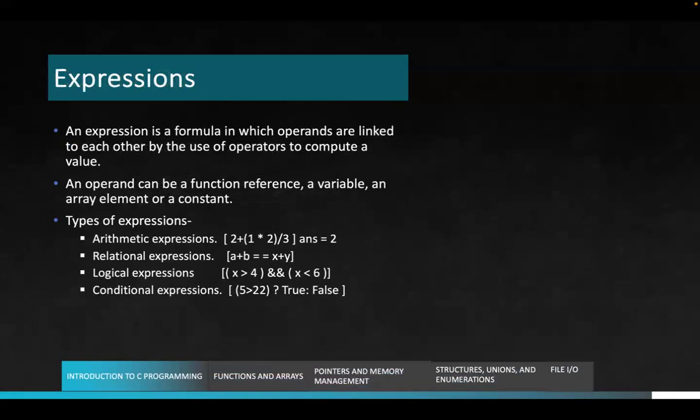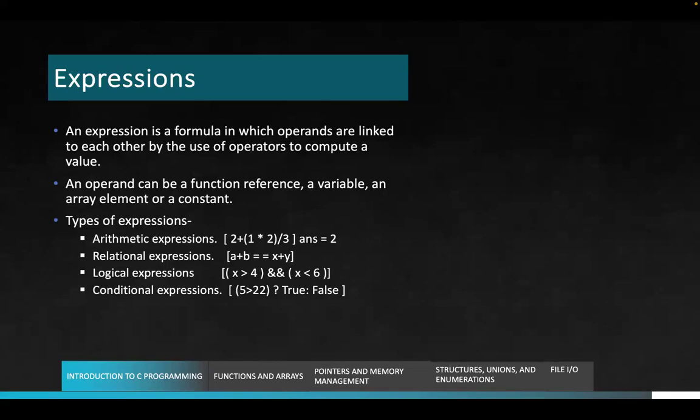Next one is expressions. An expression is nothing but a formula in which operands are linked to each other. It can be a bitwise operator or a computational operator as well. This operand can be a functional reference, a variable, an array or a constant. It can be anything.